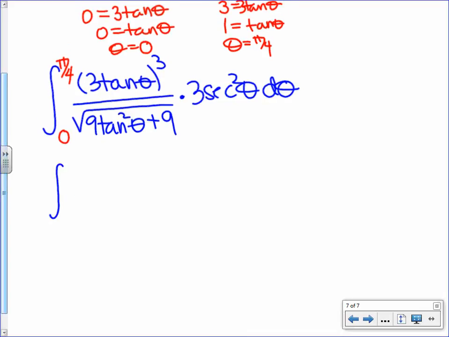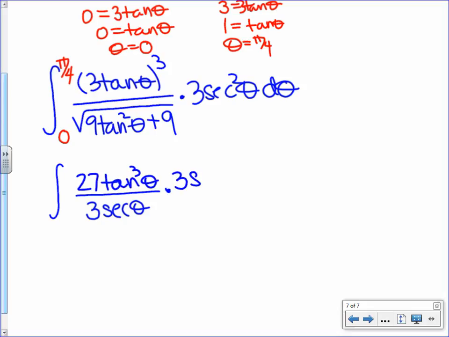Our denominator becomes what? Under the radical is 9 secant squared, so it becomes 3 secant. Up top we have 27 tangent cubed, and then times 3 secant squared, from 0 to pi over 4.